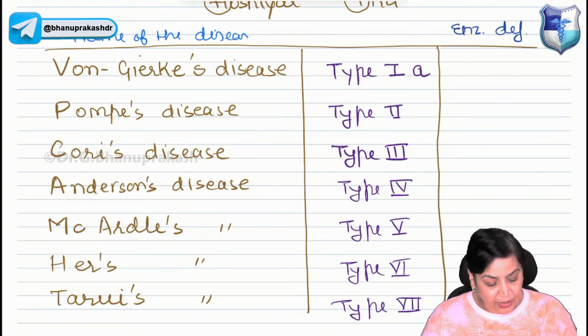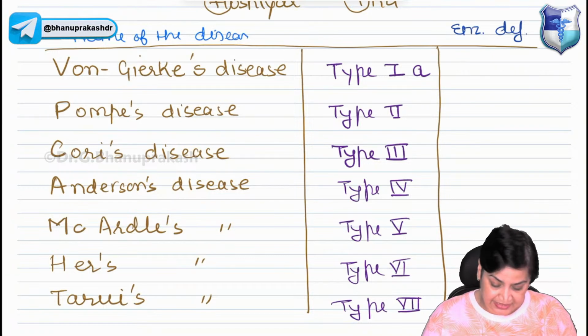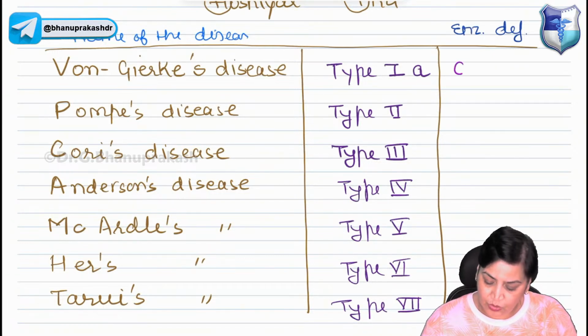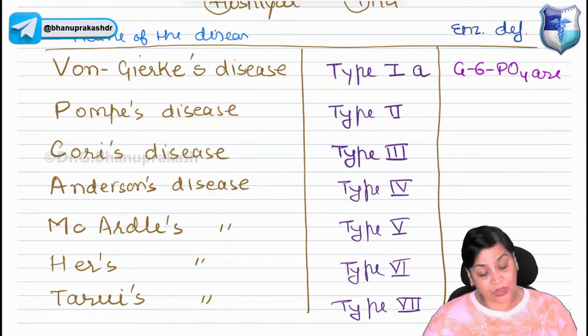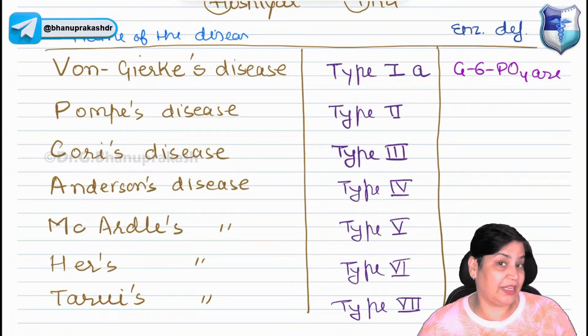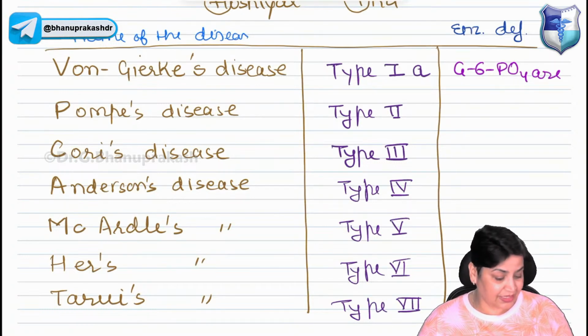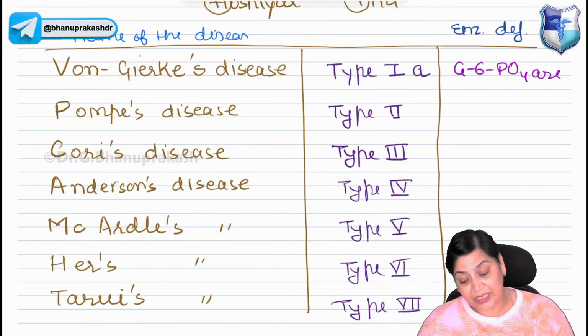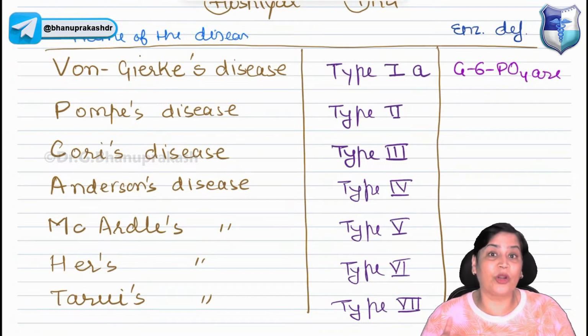So if we talk about von Gierke's disease, the deficient enzyme is glucose 6-phosphatase. Now don't get confused, beta, because you will say ma'am said glucose 6-phosphatase is absent in the muscle. Isn't it? That's what I told you, that glucose 6-phosphatase is not present in muscle. But in the liver it is present.